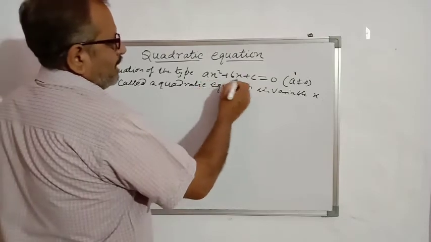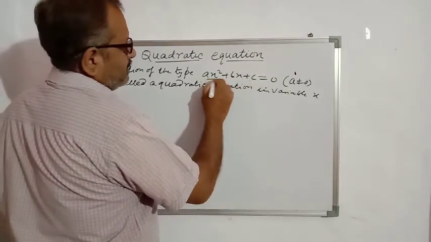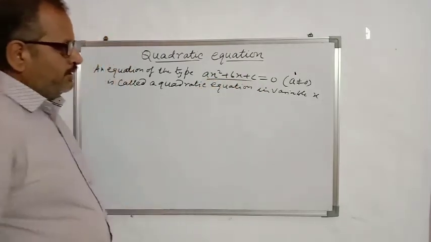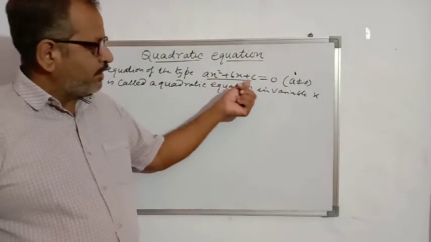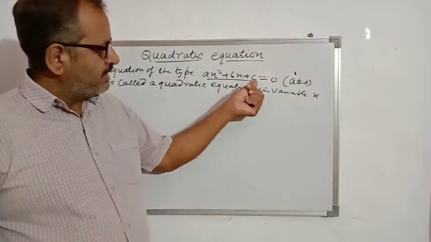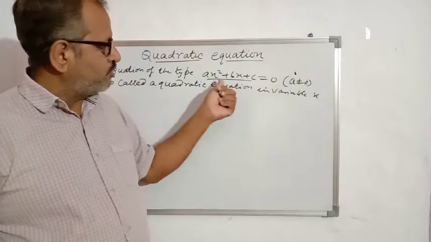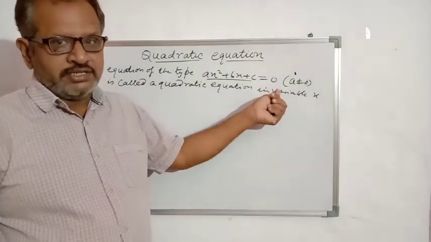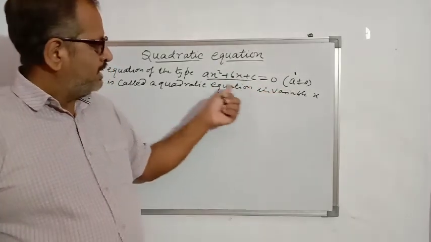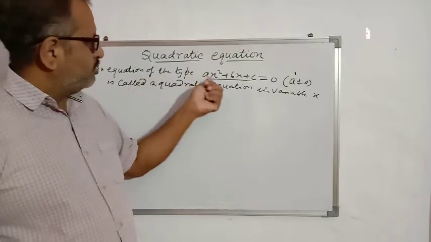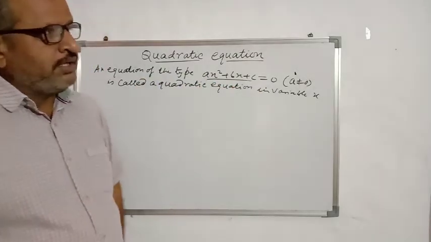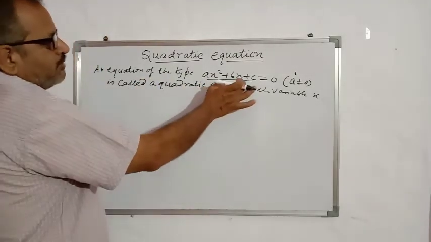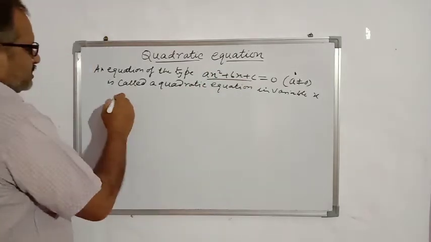What is ax square plus bx plus c? It is a quadratic polynomial. When we equate it equal to 0, it will become quadratic polynomial equation in variable x. And it is also called quadratic equation in variable x. So this is the standard form of quadratic equation.